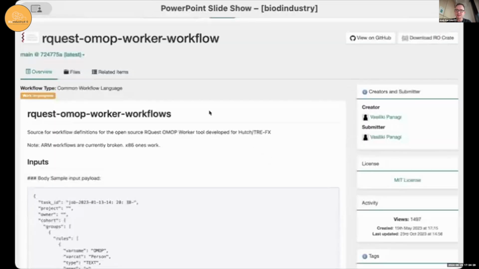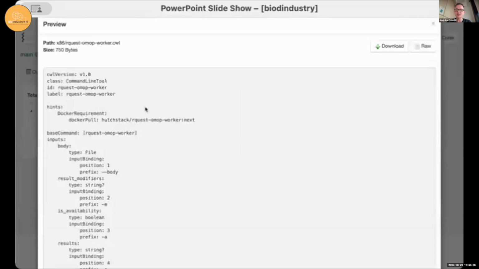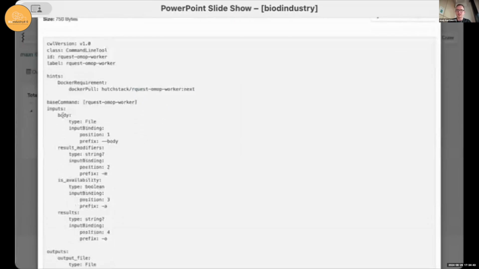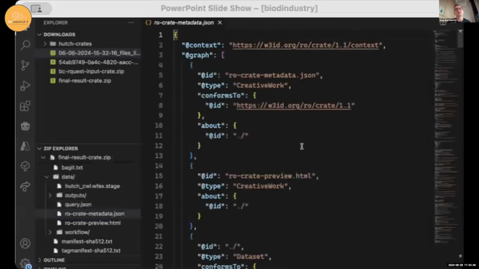And we can see what this entails in packaging it all together in one RO crate, and a workflow language that describes the steps that took place in order to deliver that query. All of this is packaged in one file that provides a great kind of interoperability and reuse in a safe way.